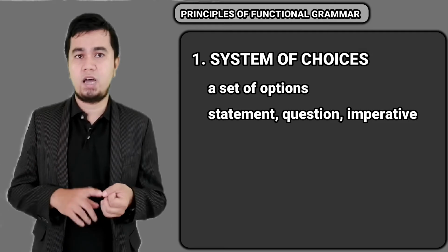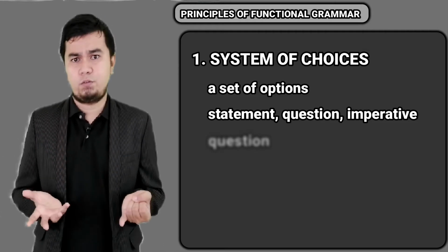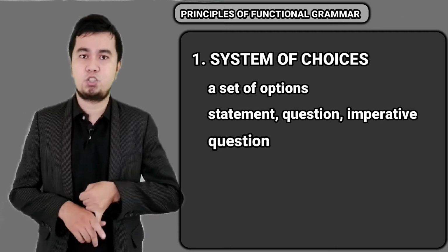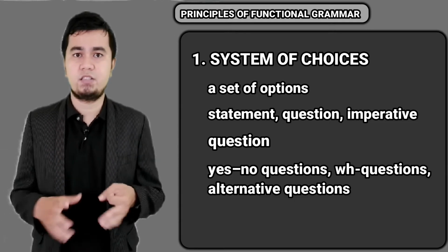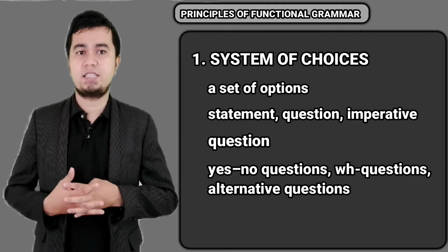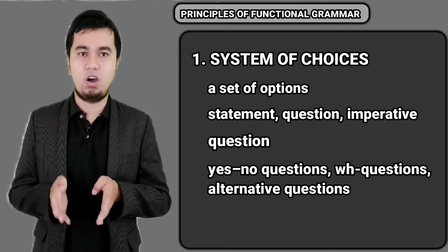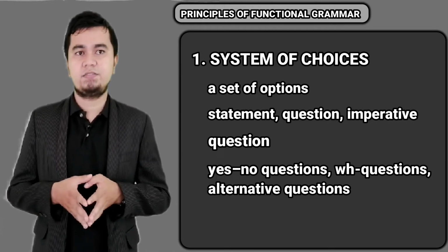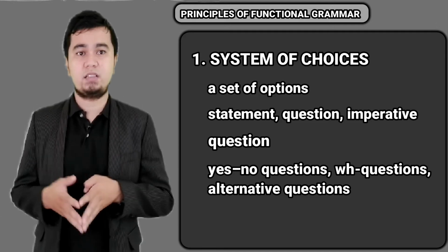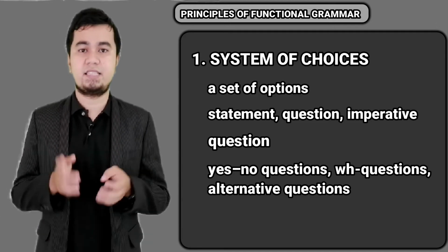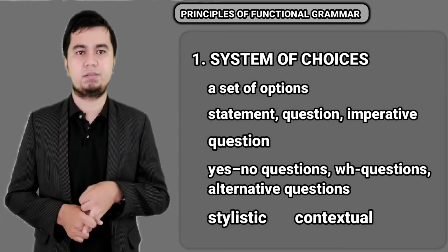When you go to questions, now what kind of questions, right? Now we have another choice: yes or no questions, WH questions, alternative questions, and so on. Now the choice here is not arbitrary. There is a reason for choosing one instead of another. So, in functional grammar, you cannot choose this just because you like to, but it is determined by the stylistic and the contextual factors of the grammar.